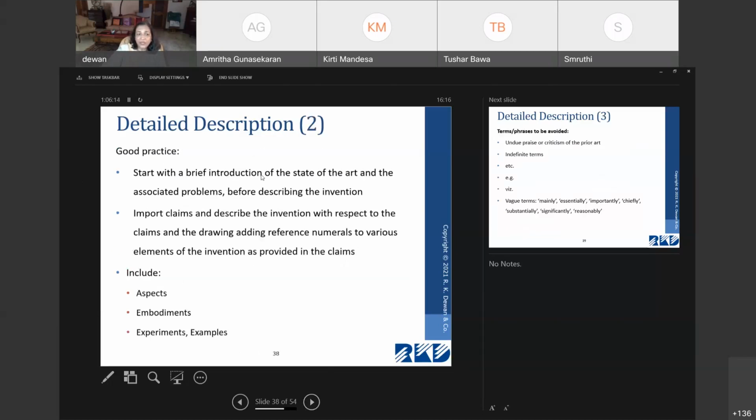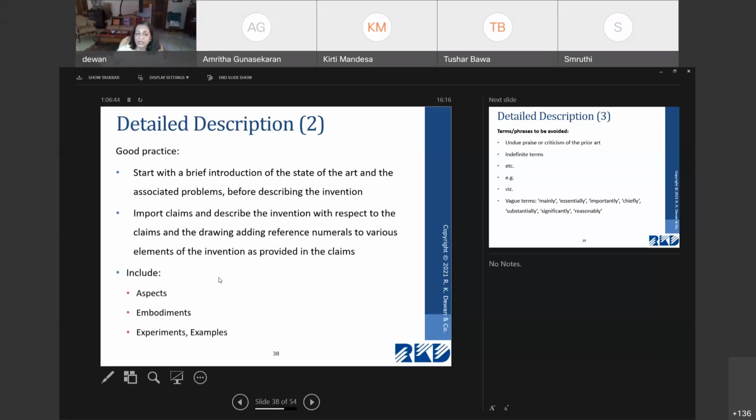A good practice is to start with a brief introduction of the state of the art and the associated problems. Then you can also cite the advantages. Then you can import the claims and expand each claim, and make sure that the same reference numerals used in the drawing are also used here, and that each reference numeral which has come into the drawing has also come here.